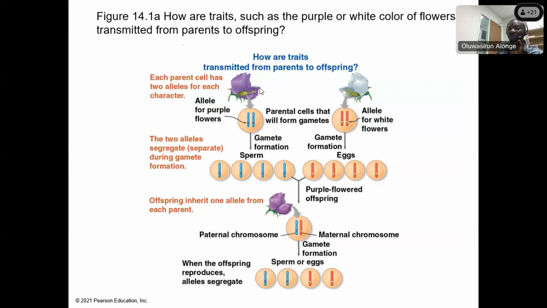So when he did it, the question is: how are traits transmitted from parent to offspring? That was the question, and the answer to that question came out to be gene. So the question that led to the discovery of gene is the curiosity of how it is that parents transmit some traits and you see some traits in the parent in their offspring, in their children.